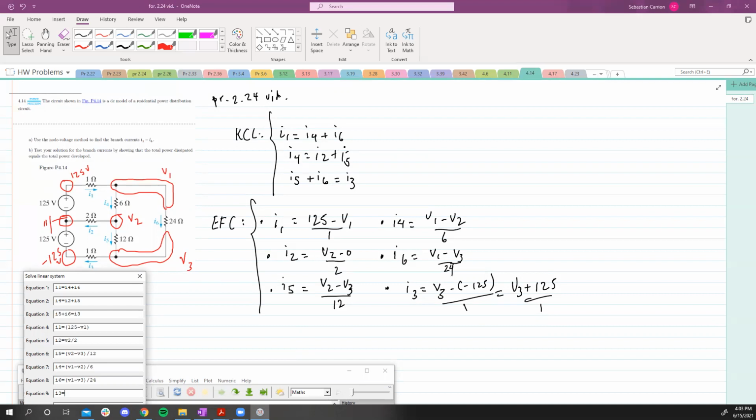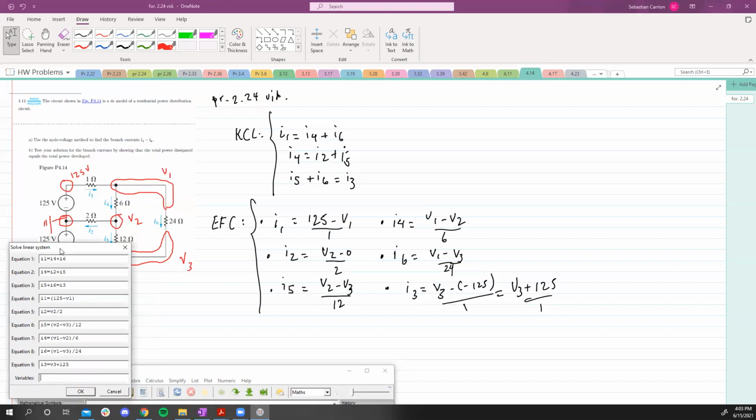I3 equals say V3 plus 125. And then missing variables would be I1, I2, I3, I4, I5, I6, and then V1, V2, and V3.